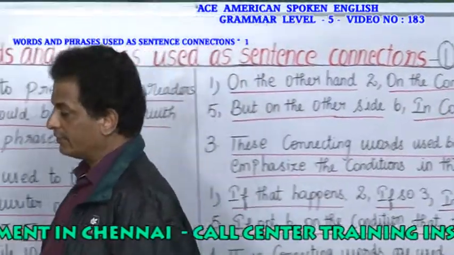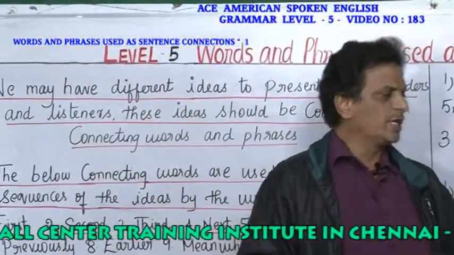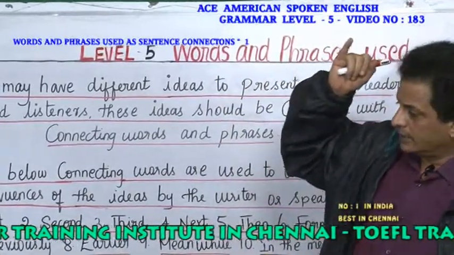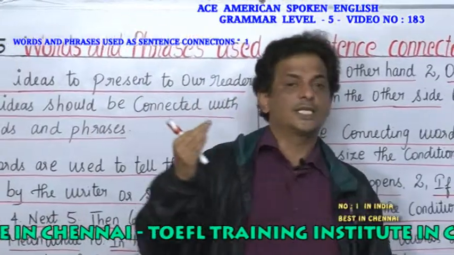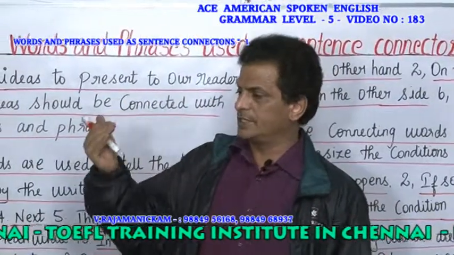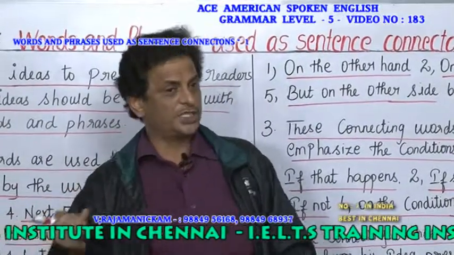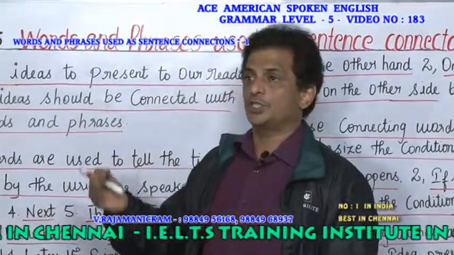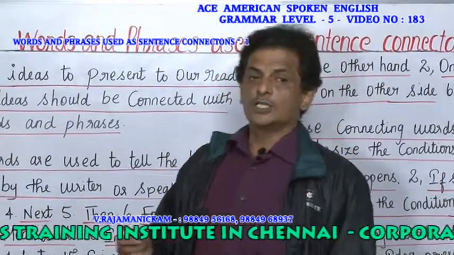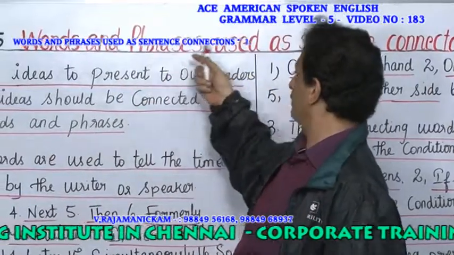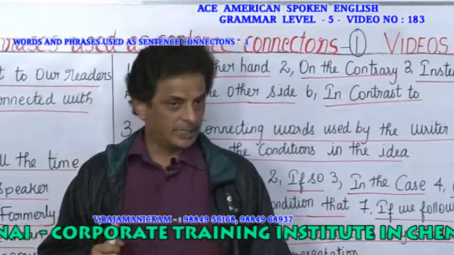So far in the level 5 grammar book, we have seen articles, modal verbs, pronouns, adjectives, adverbs, prepositions, conjunctions, direct speech, indirect speech, active voice, passive voice, prefixes and suffixes. Now we have come to the words and phrases used as sentence connectors. Are you able to understand?